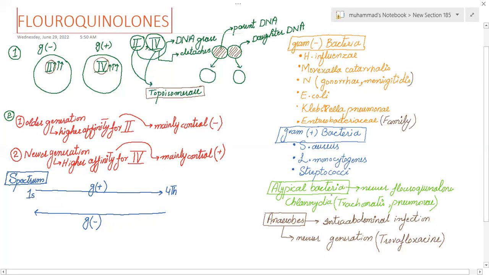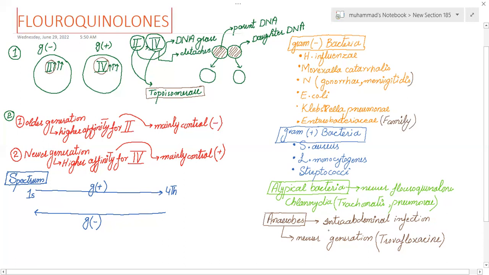Atypical microbes like Chlamydia trachomatis and Chlamydia pneumoniae are also controlled by newer generation. Means that these atypicals also have higher population of topoisomerase 4. Anaerobes, those responsible for intra-abdominal infection, are controlled by newer generation.